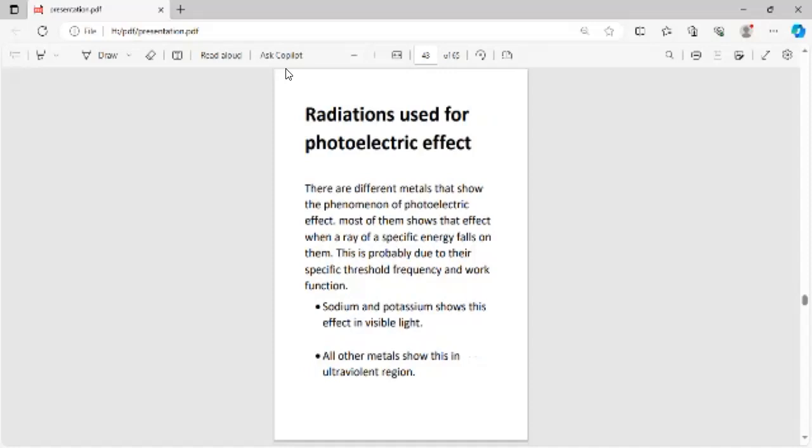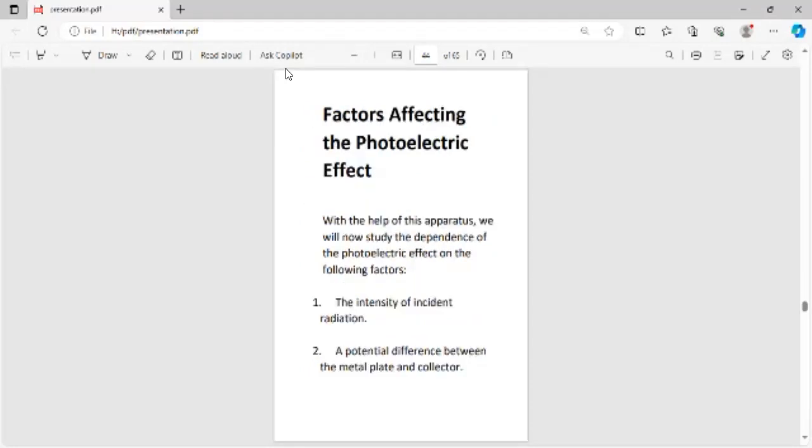Most of them show this effect when a ray of specific energy falls on them. It is probably due to their specific threshold frequency and work function. Sodium and potassium show this effect in visible light, and all the other metals show it in the UV region.